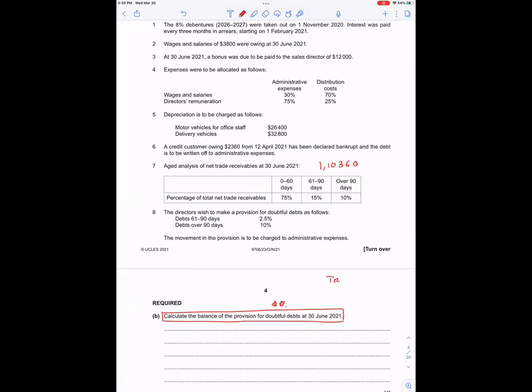And I have some percentage that is related to trade receivables. And I also have bad debts.